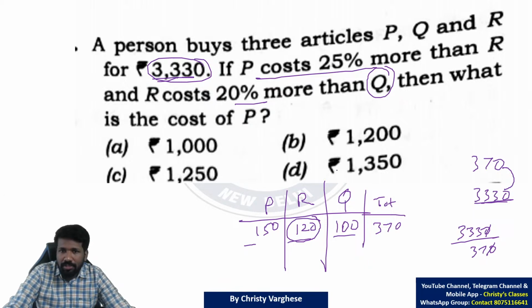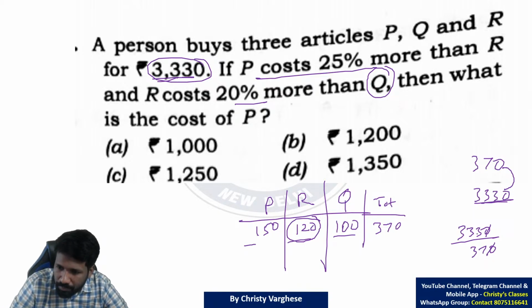Let's check all the steps are correct. First, 25% more. Okay.